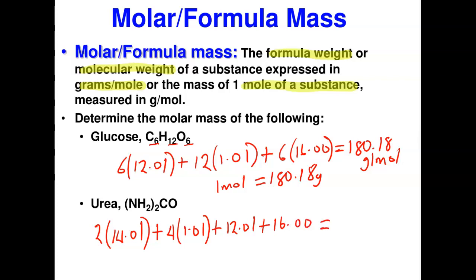And when we add all these things together, we're going to get 60.07 grams per mole of urea. So these 2 things we've just calculated represent the molar mass. Simply, molar mass represents the molecular weight or the formula weight of a substance expressed in grams per mole.